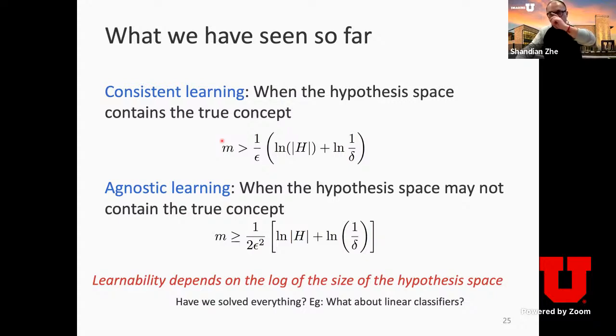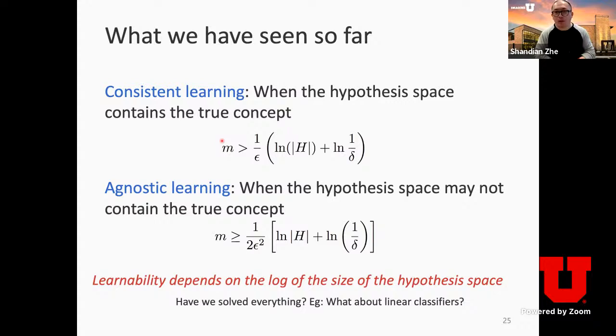Okay, so let us continue with agnostic learning. In the last lecture, we introduced another setting in computational learning theory, which is called agnostic learning. Prior to agnostic learning, what we discussed in theory is mainly consistent learning.